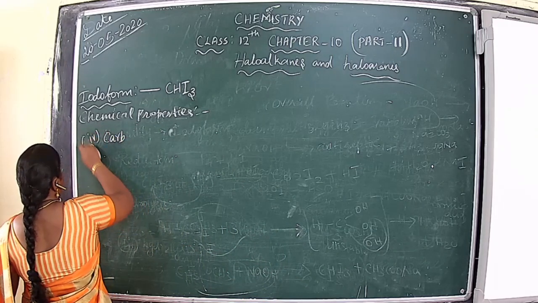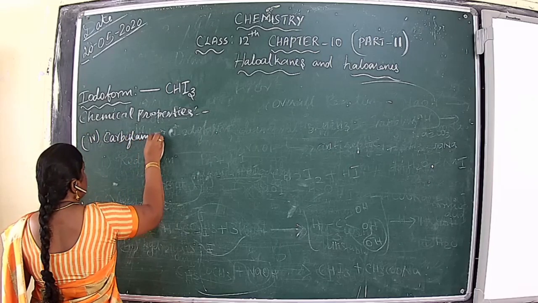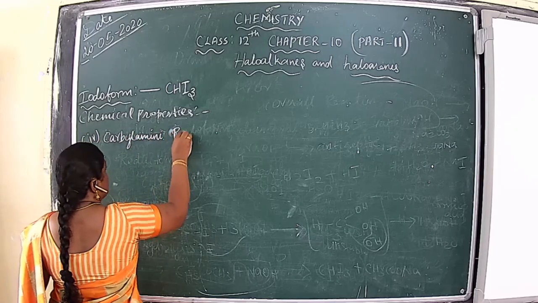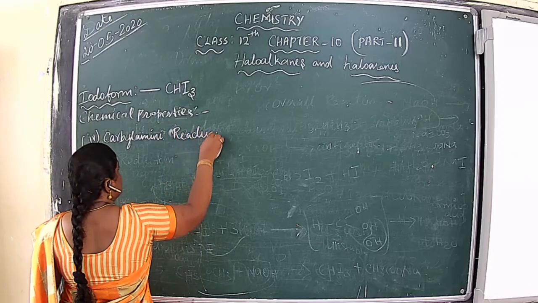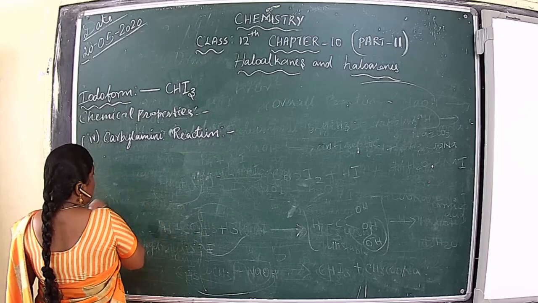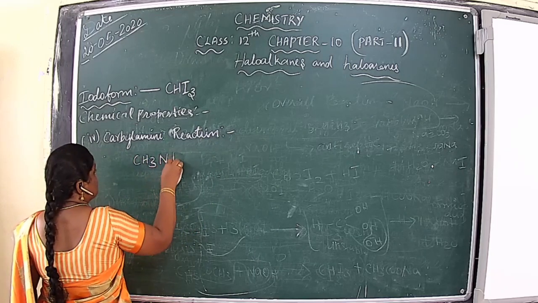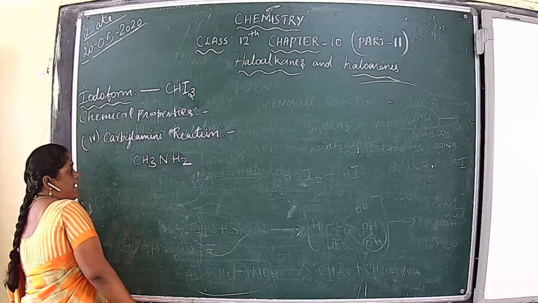Fourth one. The fourth chemical property is what? The carbylamine reaction. So we can take primary amine, CH3NH2. CH3 what?